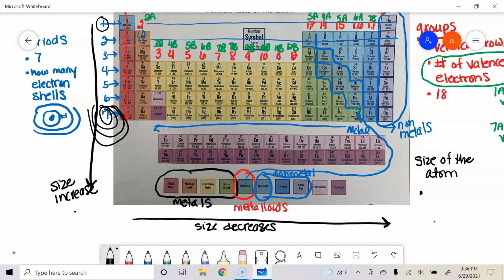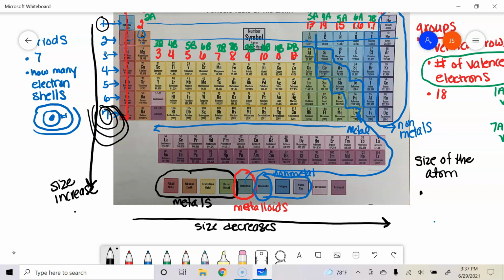And as we'll talk about more next week, the reason is because we're actually adding electrons, which are attracted to the protons in the nucleus, and opposites attract, so it's going to pull everything a little bit closer and tighter together because of that attraction. So as you move across, the size is actually going to decrease. So you can tell the size of an atom just based on where it is on the periodic table.